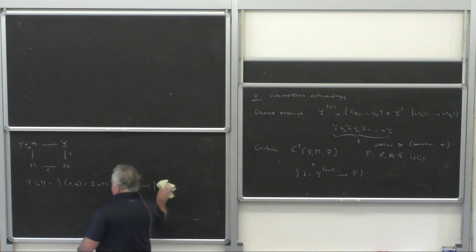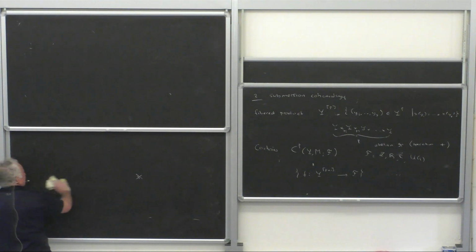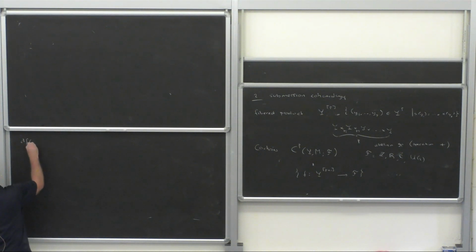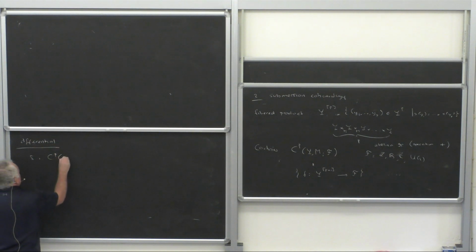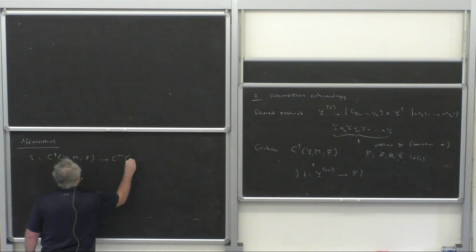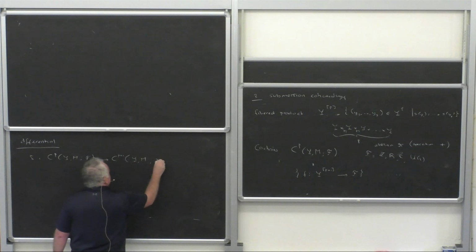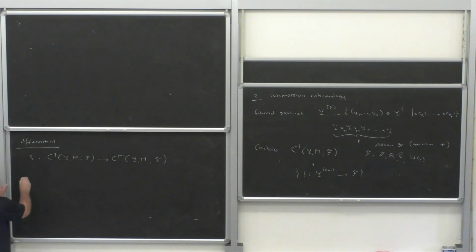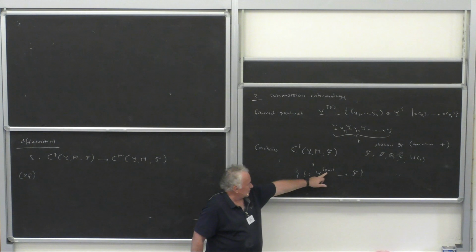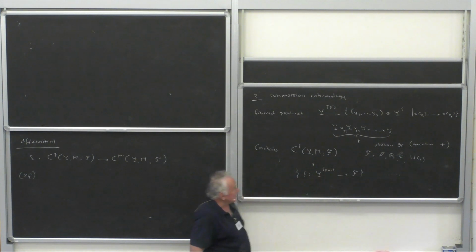And then I can define a differential from p-cochains to (p+1)-cochains, as follows. So I take a p-cochain f, then I have to tell you how it behaves as a function on the (p+2)-fold fibered product.